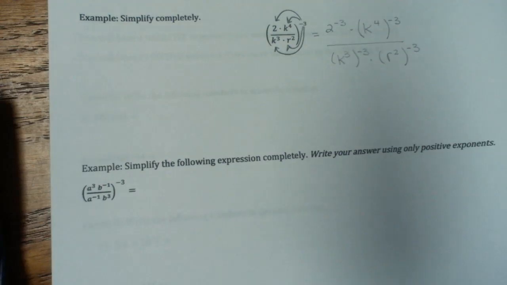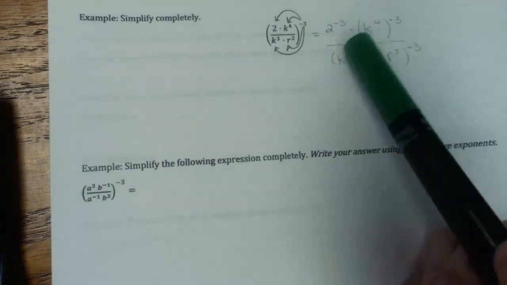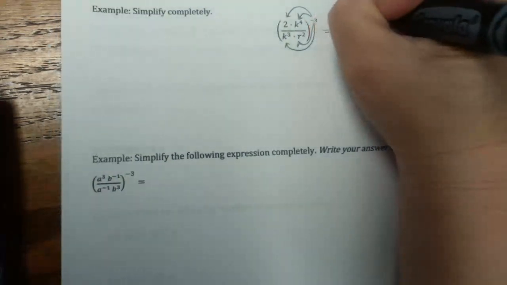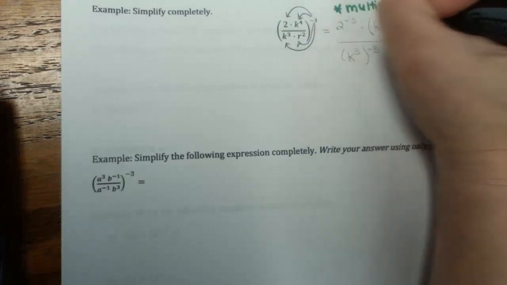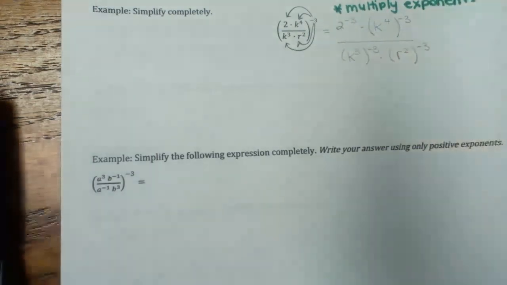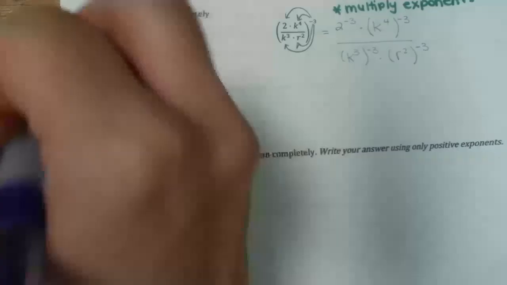All right. Let's go ahead and we have powers to power, so let's go ahead and multiply those exponents. I don't want to do too many things at once and get messed up. So I'm just going to leave that 2 to the negative 3 power as is for 1 second.